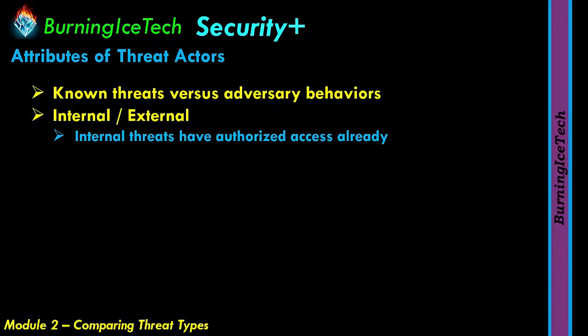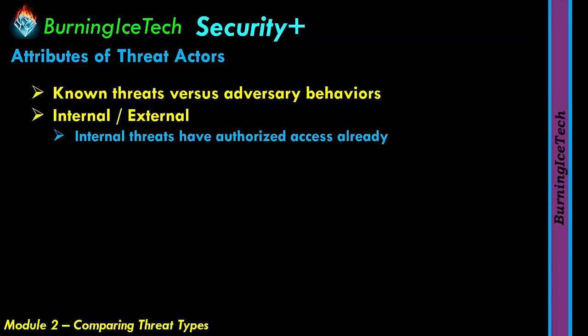But we can effectively limit what they can see and do, and we can control the damage. It's a form of damage control. So these internal threats, generally, either have authorized access or very recently had authorized access. Something else to know about these internal threats, guys, is that they are not necessarily people that are physically inside the building. The threat could potentially be coming from outside the building.